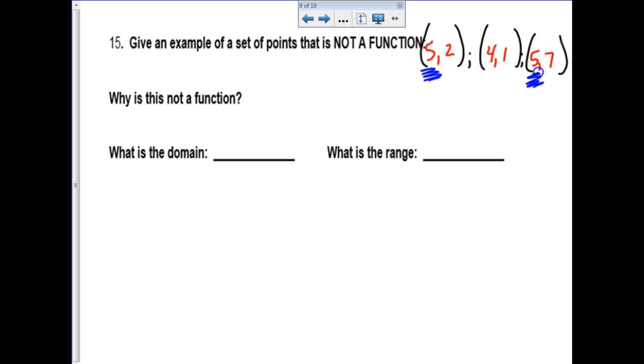X equals 5 is paired twice. So for your explanation, you can say x equals 5 has 2 output values. Now, if you wanted to get real specific, you could tell me what they are. You could also say x equals 5 has 2 y values or is paired twice. Those are all acceptable.